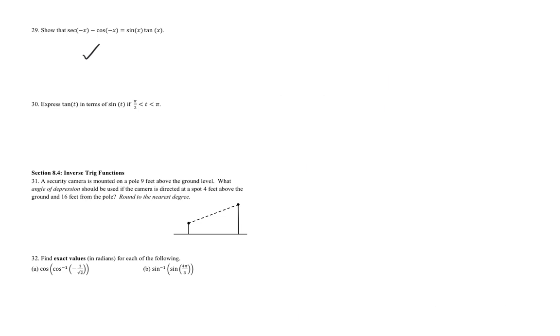For question number 30, we want to express tangent of t in terms of sine of t if pi over 2 is less than t is less than pi. Okay, so the first thing I want to write is that tangent of t is equal to sine of t over cosine of t.